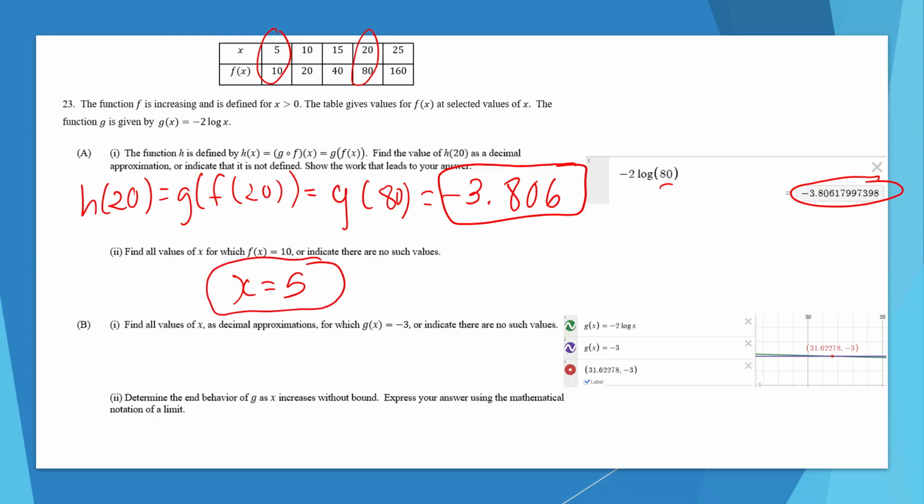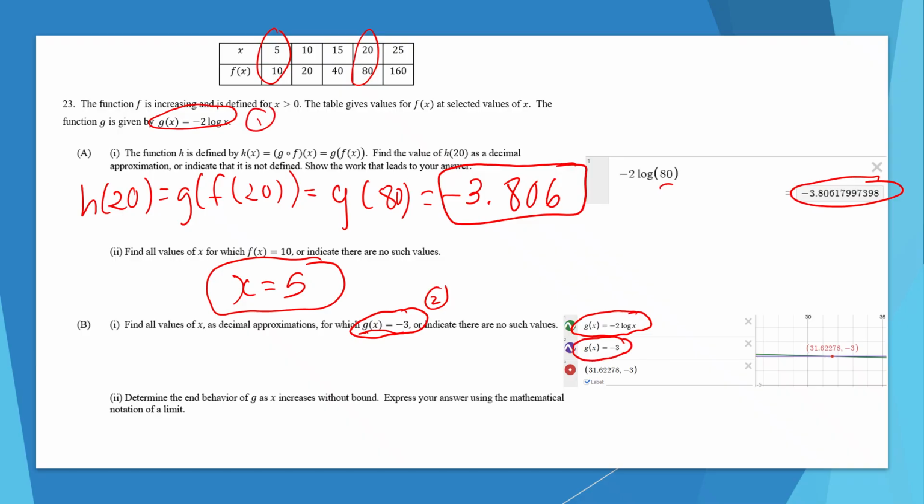That's the only time we see this equal to 10, so that would be our answer for part 2. For part B1, find all values of x as decimal approximations for which g of x is equal to -3. So we're going to do two things here. We're going to graph the equation of g of x, that's our first equation, 1. Then graph this equation, type it in verbatim, that's number 2, right?